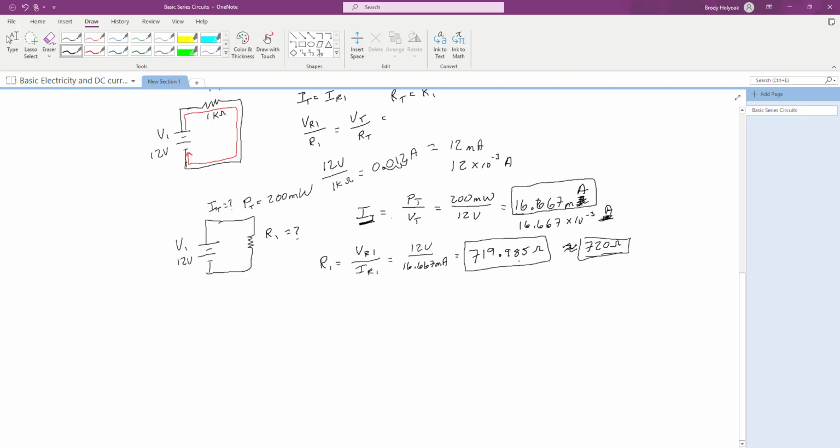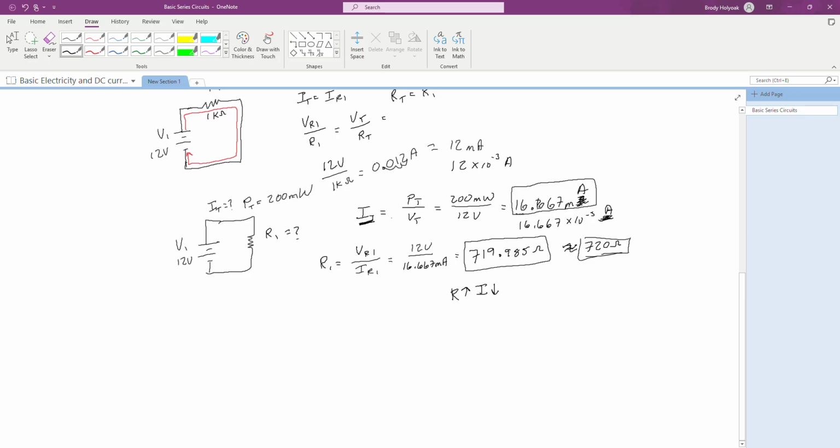And if we think about it, if we go through and we plug in a 720 ohm versus this, we're going to have 0.015 more ohms of resistance, which means my resistance is going to go up ever so slightly, and therefore my current is going to drop ever so slightly.